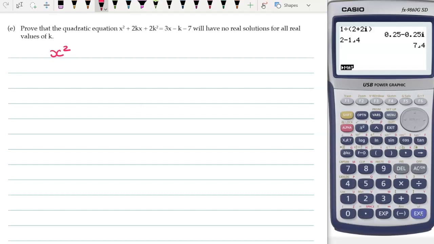So we have an x squared for the x squared terms. And then for the x terms, we have 2k. We'll bring this 3 over, so that'll be a minus 3 times x. And for the c term, we have 2k squared plus k plus 7.